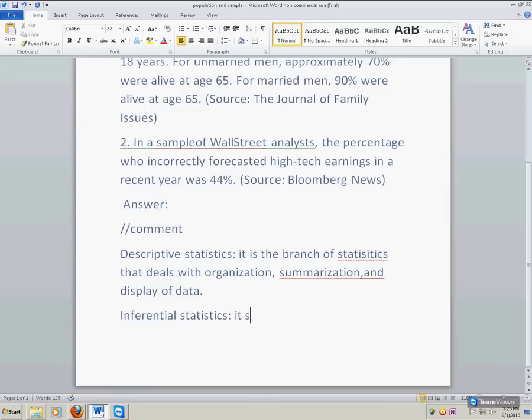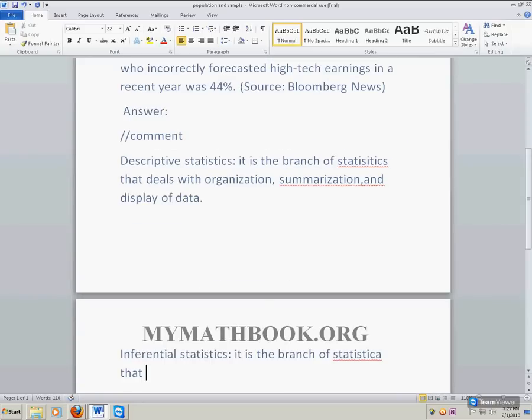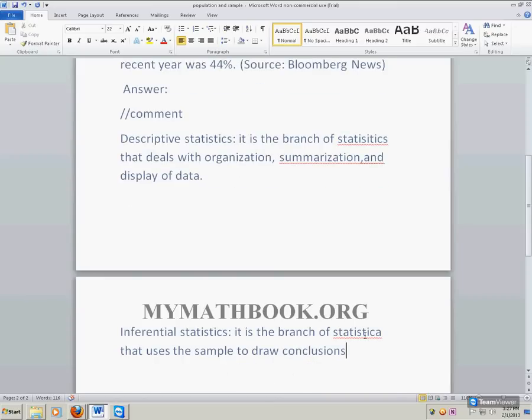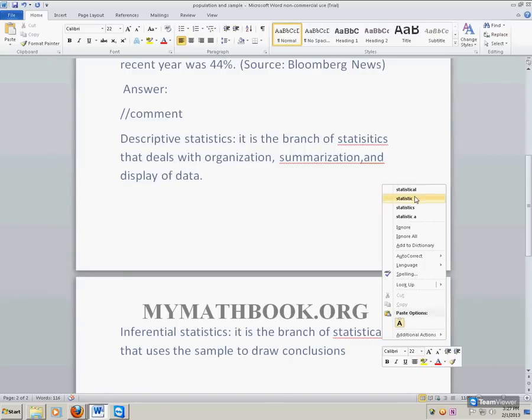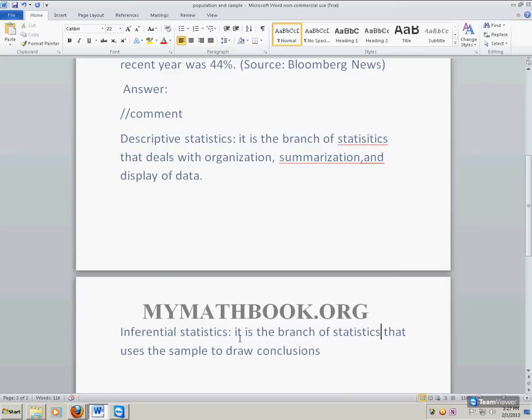It is the branch of statistics that uses a sample to draw up conclusions.